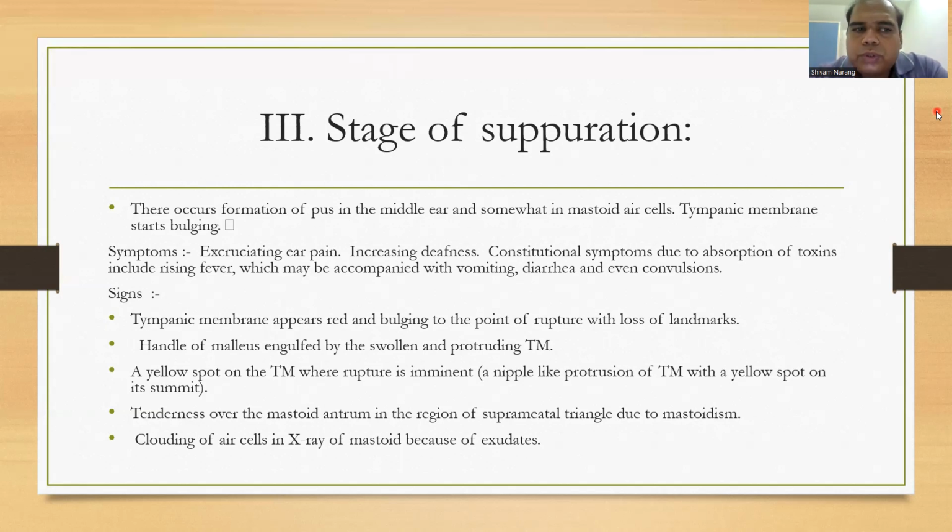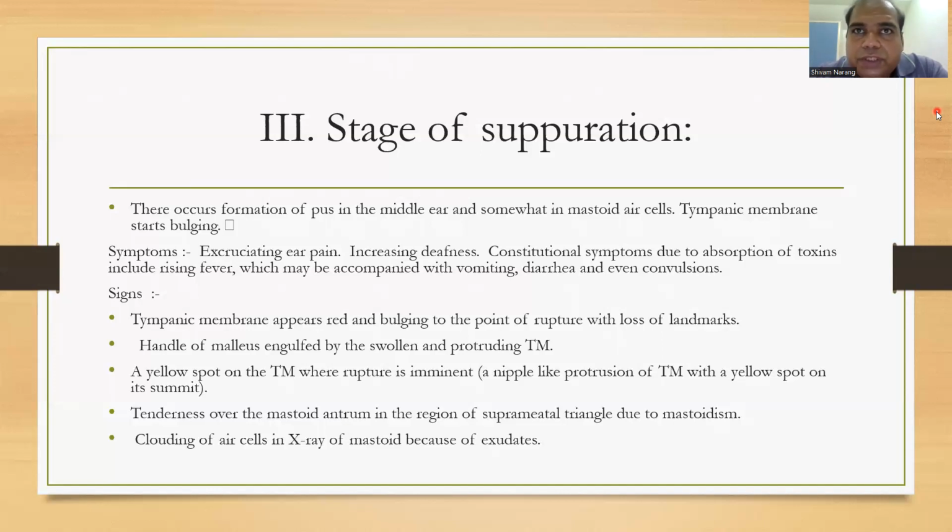So what all things will be present on examination? The tympanic membrane will appear red and bulging, and we can have a point where it can rupture, or we can have a pus point on it that is about to rupture. The handle of malleus is engulfed in the swelling and the TM will be protruded.